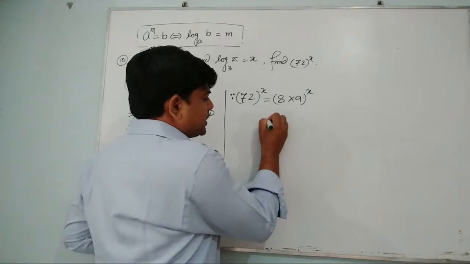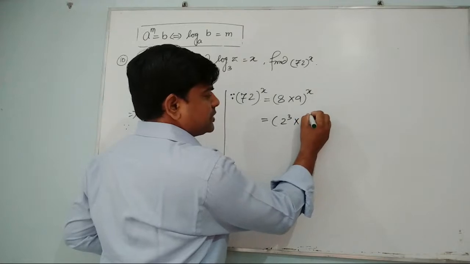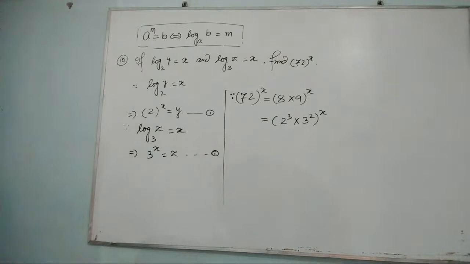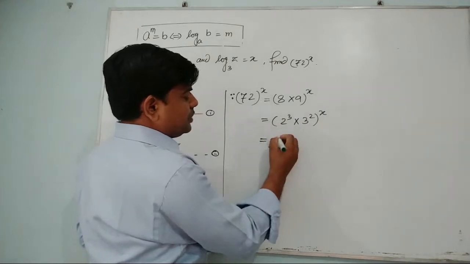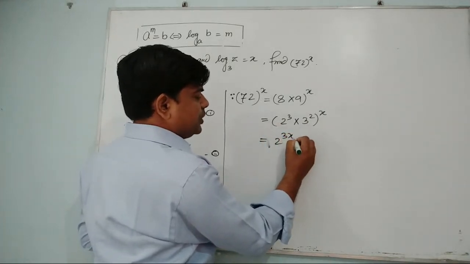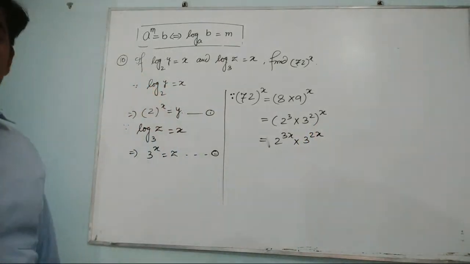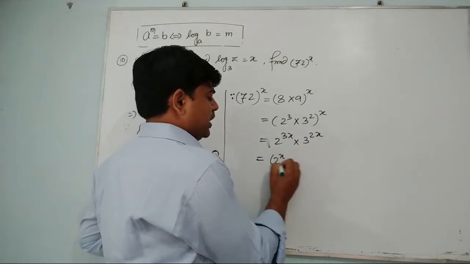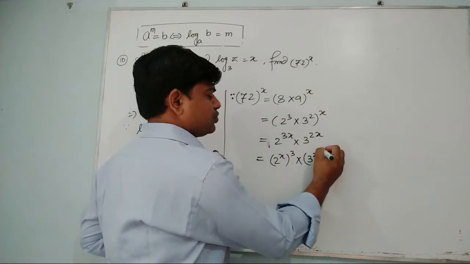Because 8 can be written as 2 to the power 3 and 9 can be written as 3 to the power 2, and the whole thing is to the power x. Hope you are getting me. Then after that I can write it as 2 to the power 3x into 3 to the power 2x. And the same thing we can write as (2 to the power x) whole to the power 3 and (3 to the power x) whole to the power 2.